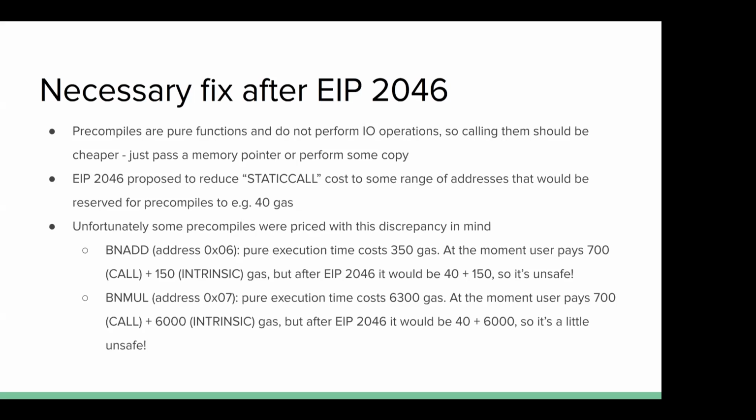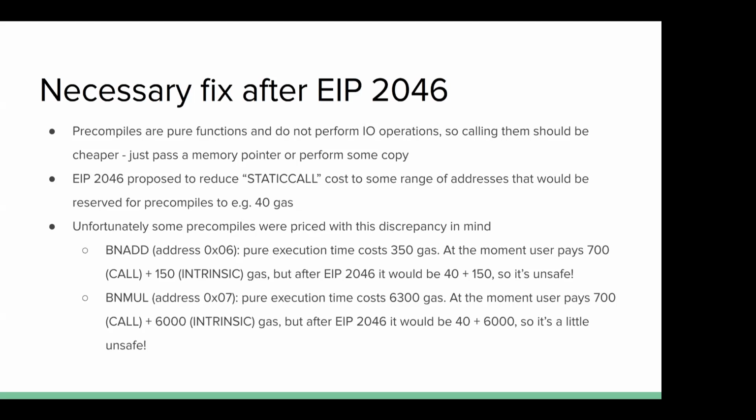So let's make it in concrete numbers. If one would actually benchmark the BN addition precompile in a set of major Ethereum clients, he would get the numbers that in the worst case, this function just takes something as the input, does all necessary computations, and returns the output, would cost around 350 gas in the worst case in the slowest client, but it's still fine.